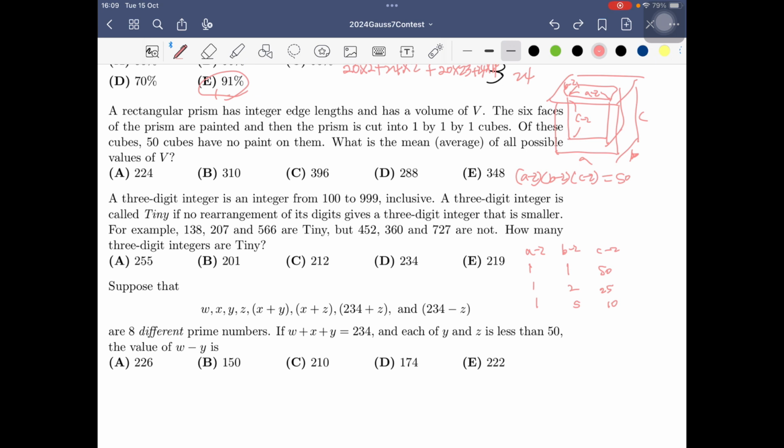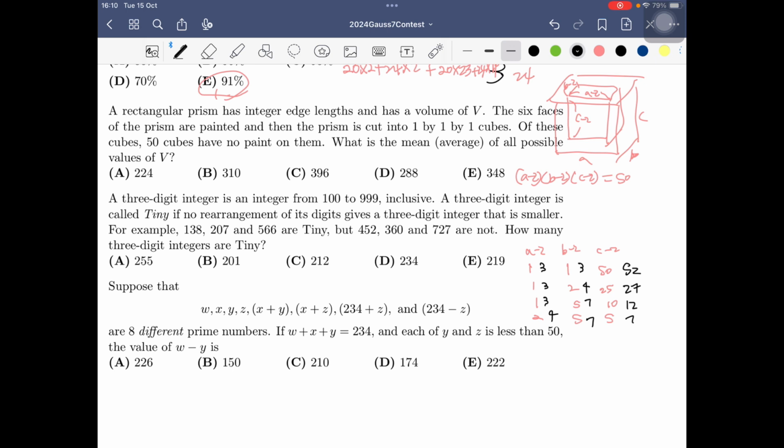So there's no more possible. What about 2, 5, 5? So only these are possible. So 50, 25, 1, 2, 5, 25, 10. I think these are the only ones.